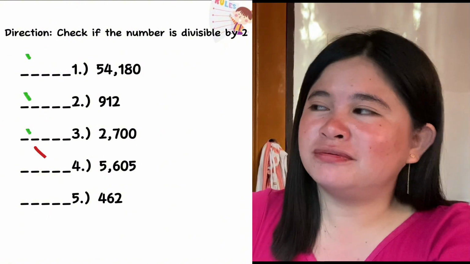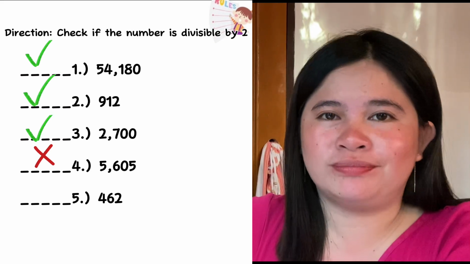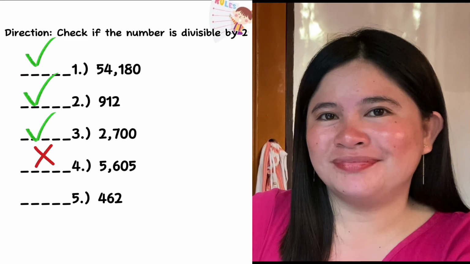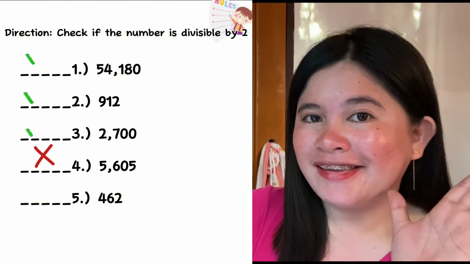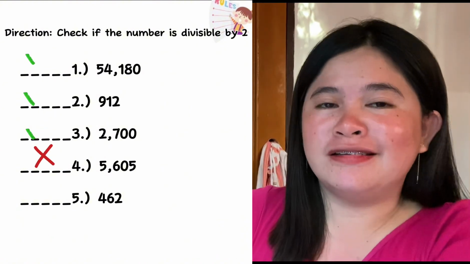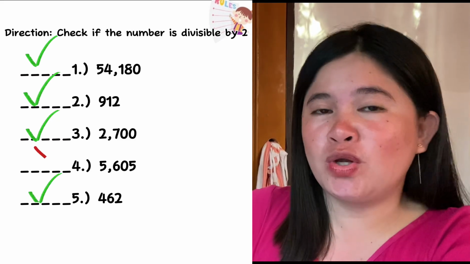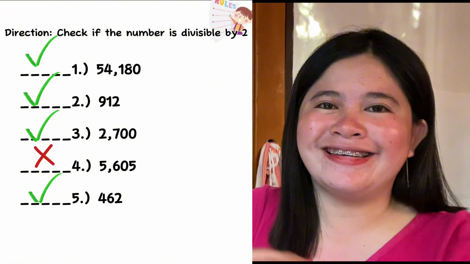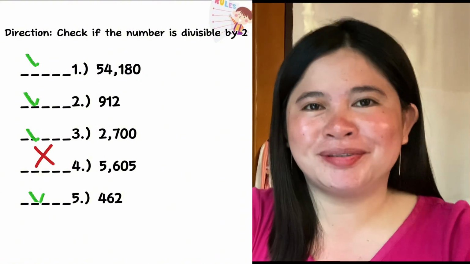Another example, 462. Is that divisible by 2? Yes or no? Okay, the answer is yes. Because the digit in one's place is number 2, and 2 is an even number. Okay, and that's it. Very simple, right?